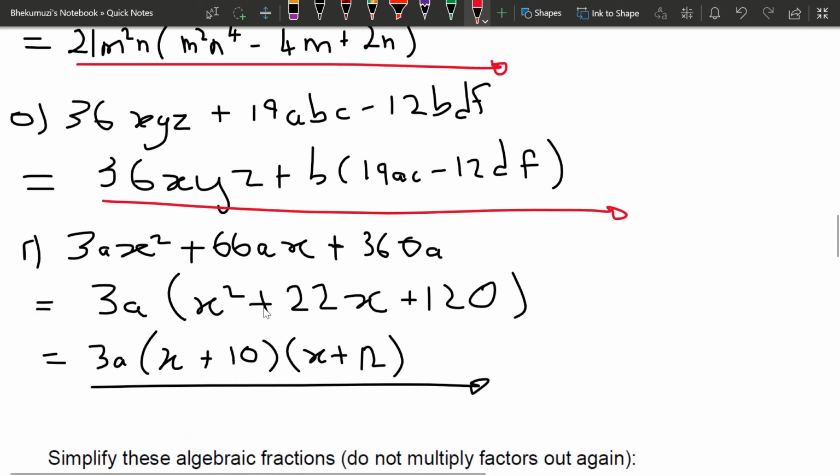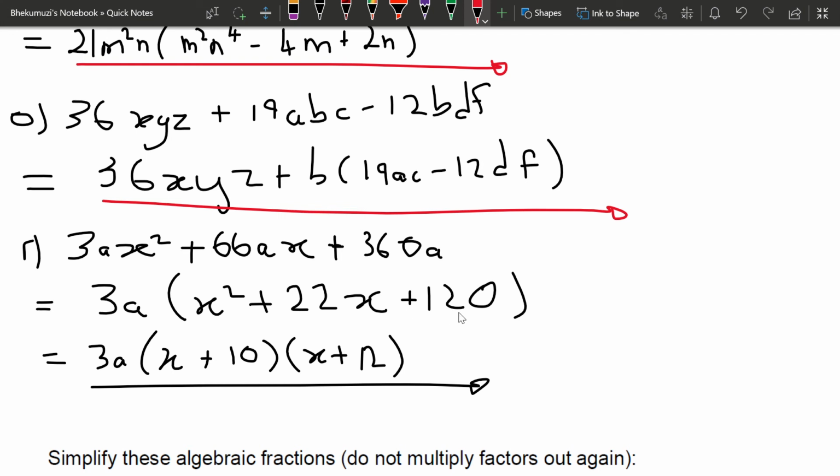And then here we have 3ax squared plus 66ax plus 360a, right? And obviously the first thing that you can notice is that all of them have a common factor of 3a. And so you take out 3a, you're left with x squared plus 22x plus 120. So now you have inside a quadratic expression. And a quadratic expression, how do we factorize it?